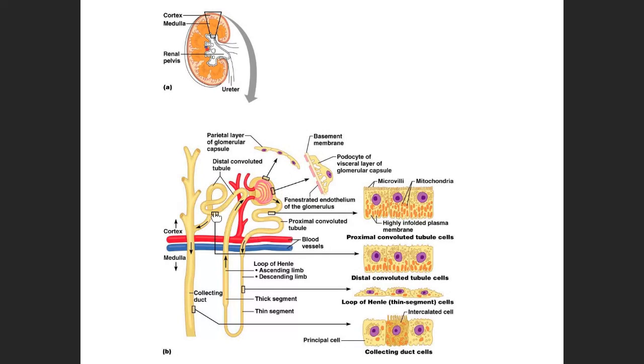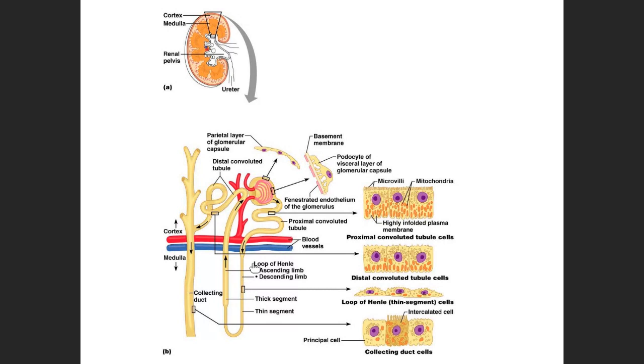You can also see in the cells of the distal convoluted tubule that there aren't as many mitochondria, but they are involved in some active transport as well. The key difference here is that in the descending loop of Henle, you see how it's very thin.